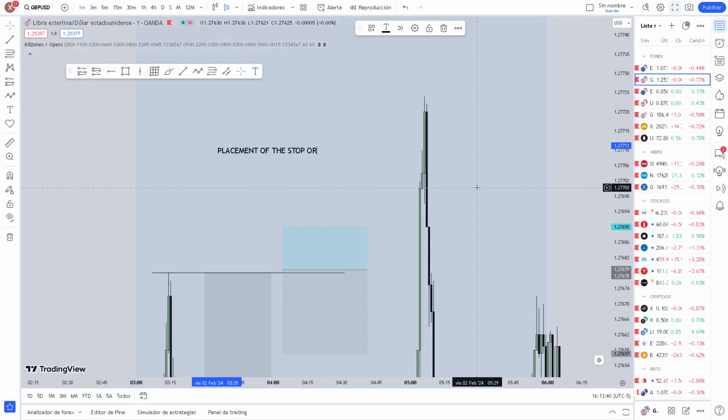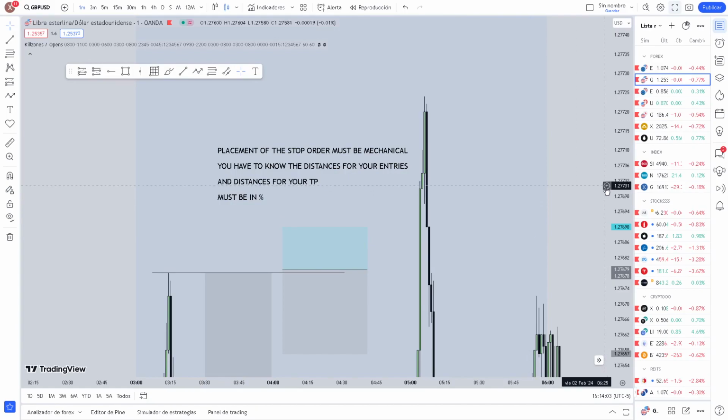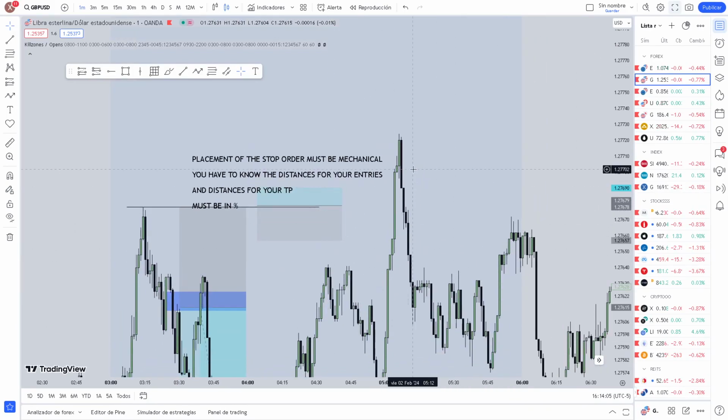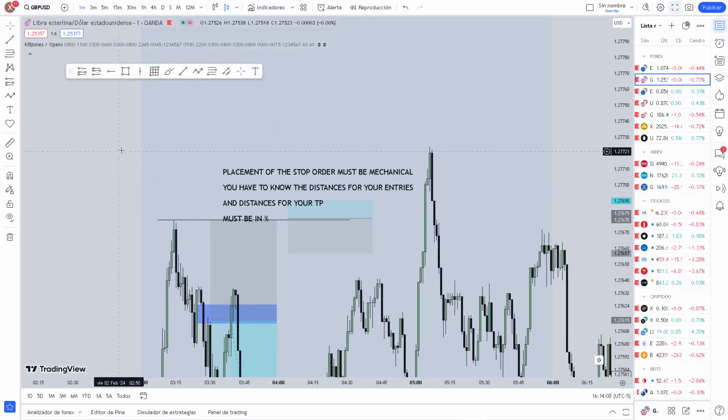Placement of the stop order must be mechanical, which means you have to know the distances for your entries and distances for your TP. It must be in percentage, because if you do it in pips, depending on the price, pips would be bigger or smaller, and you want it in percentage because percentage means proportional.